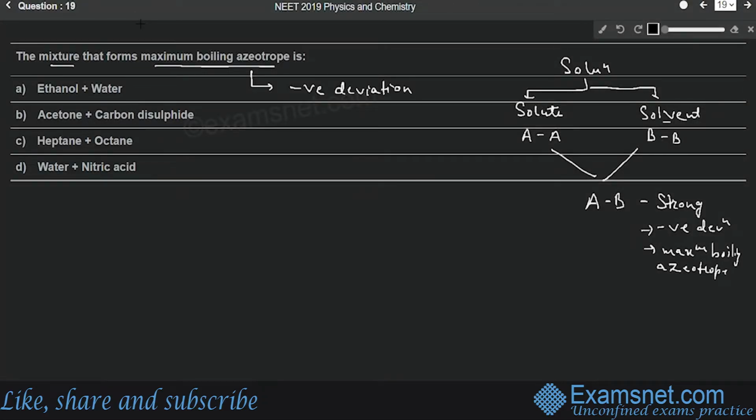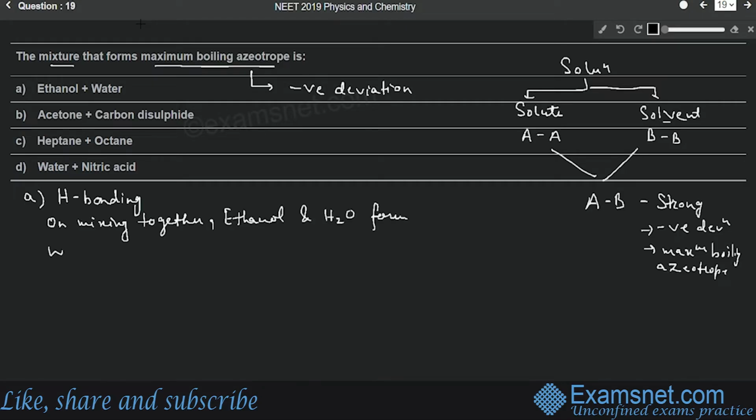Now let's come to the given options. The first one is ethanol plus water. So we know that ethanol consists of hydrogen bonding and water also consists of hydrogen bonding. Okay. Now when they are mixed together, they will form weaker interactions. Okay. So on mixing together, ethanol and water form weaker interactions.